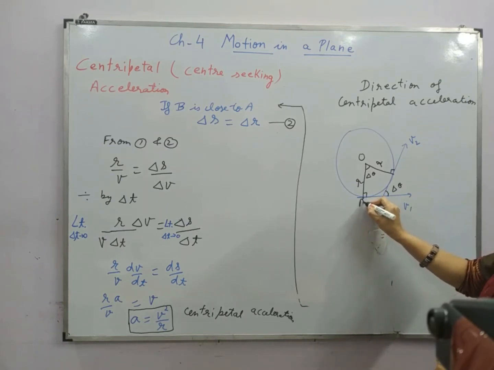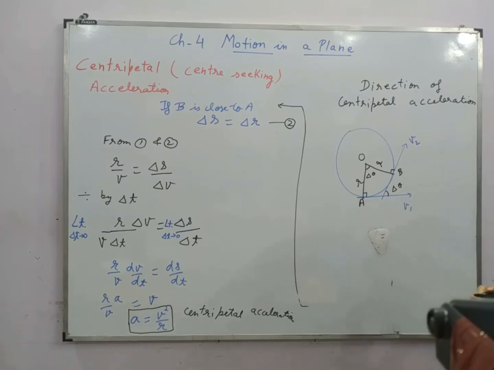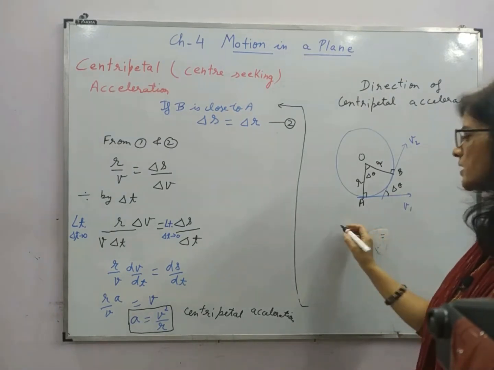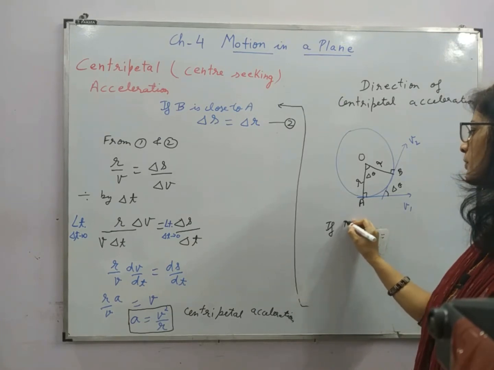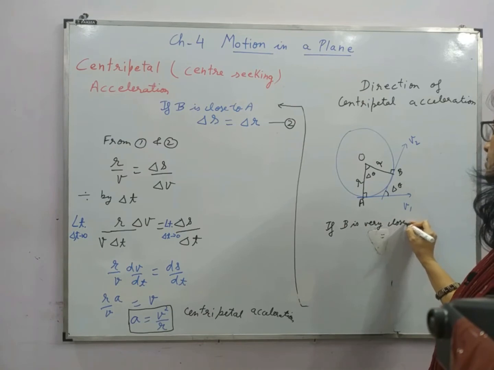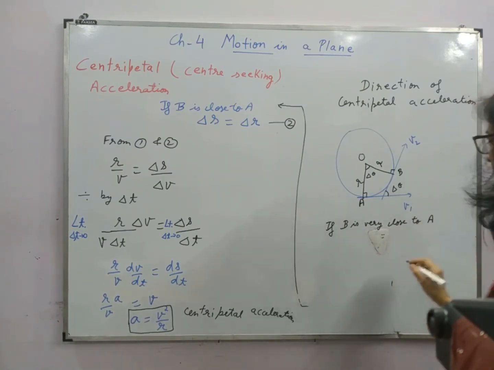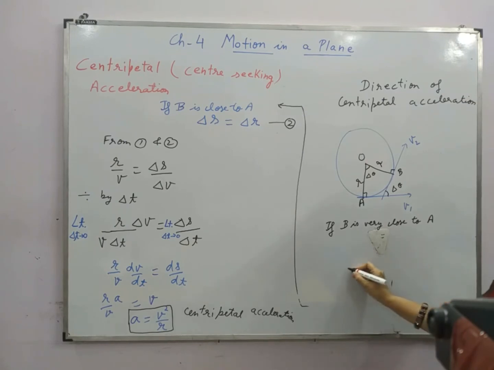This point I had marked A, this point I had marked B, right? Now for discussing the direction, let's consider if B is very close to A. You need to visualize this beta. This is not given like this in the books.